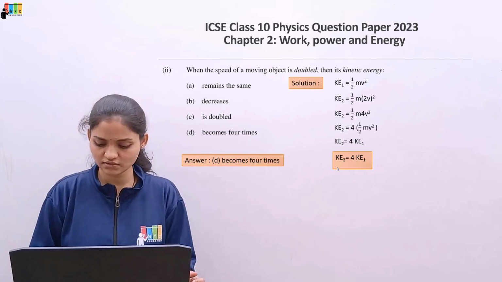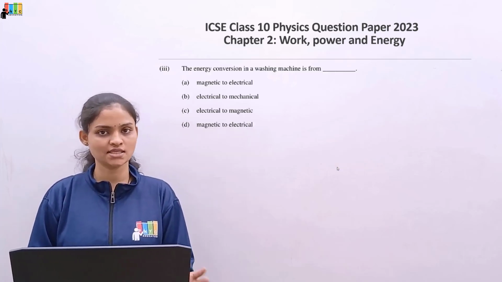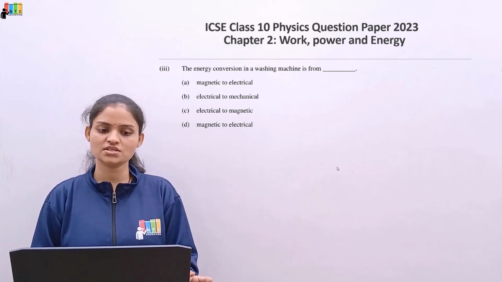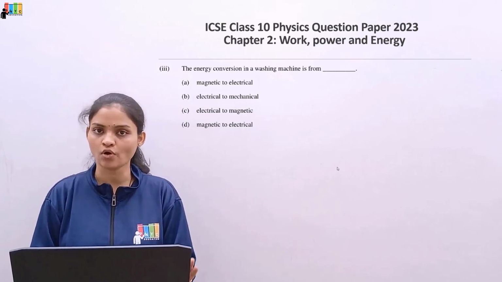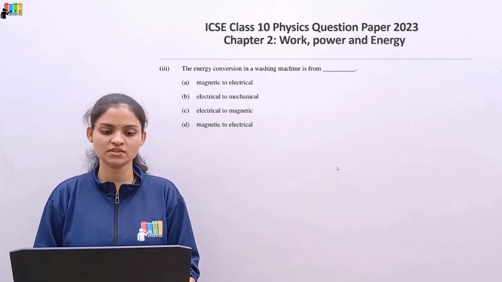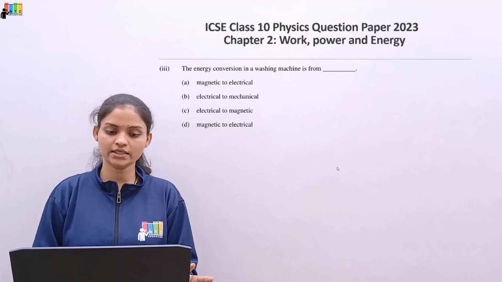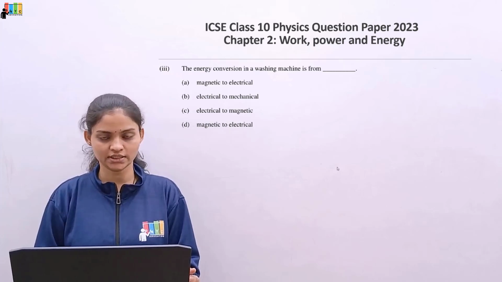Now next question, from the same question paper from 2023. The question is, the energy conversion in a washing machine is from option A magnetic to electrical, option B electrical to mechanical, option C electrical to magnetic, and option D magnetic to electrical.